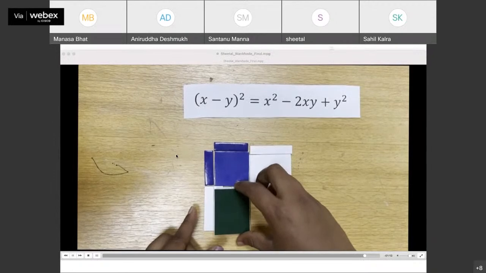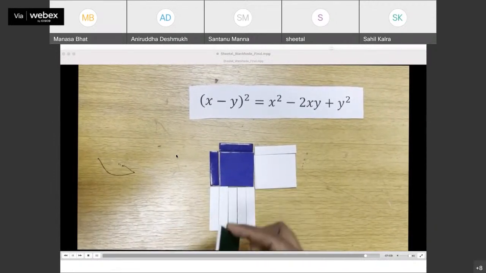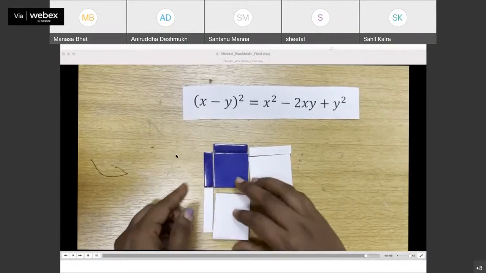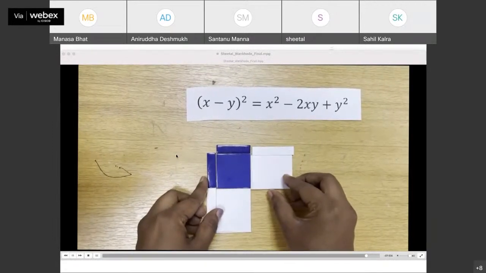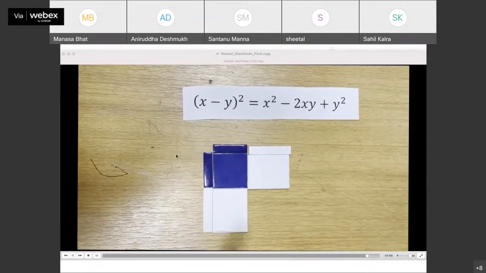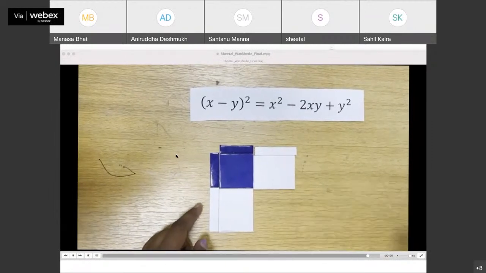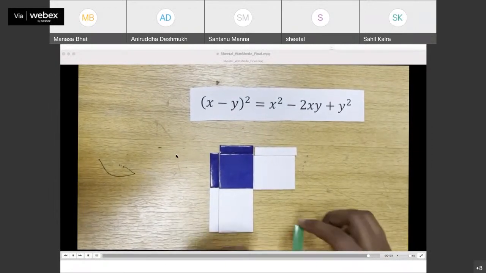So again, this becomes a rectangle whose one side is x and one side is minus y. So this is your minus xy instead of xy. And if you know, in product negative gives you positive. So your one side is minus y and another side is also minus y. So they give you a positive product.